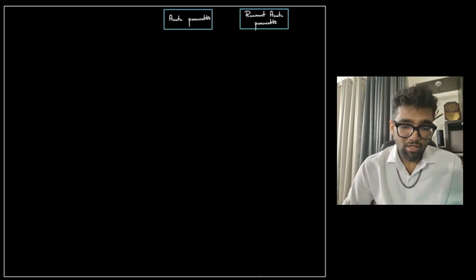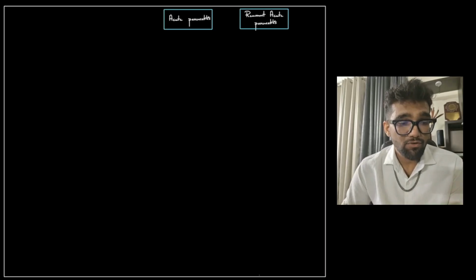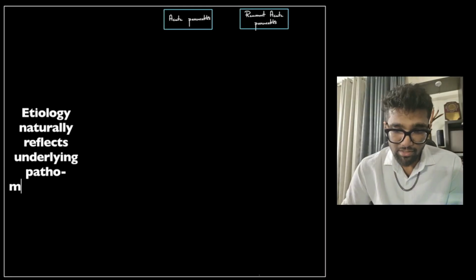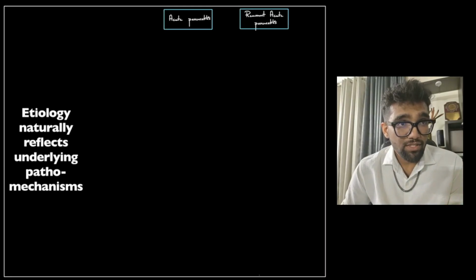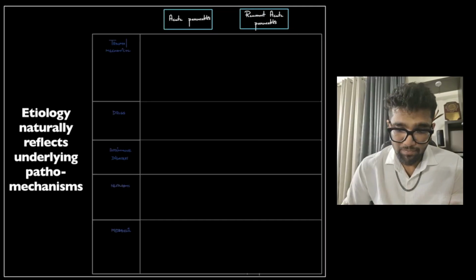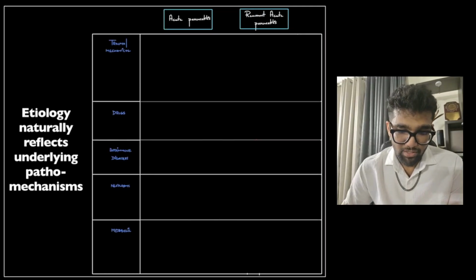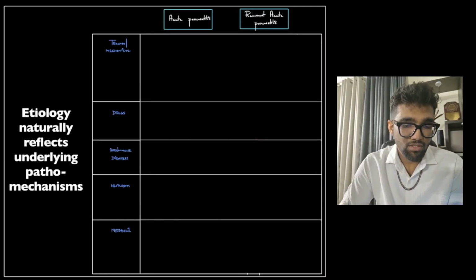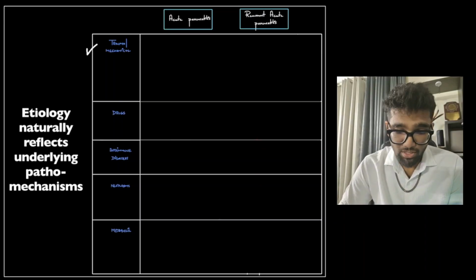Okay. Now, before we go into the clinical presentation of pancreatitis, we need to discuss the causes or etiologies that result in acute pancreatitis, and compare and contrast that with recurrent acute pancreatitis. Okay, so we'll talk about it under the following five headings: trauma or mechanical damage, drugs, and autoimmune disorders.